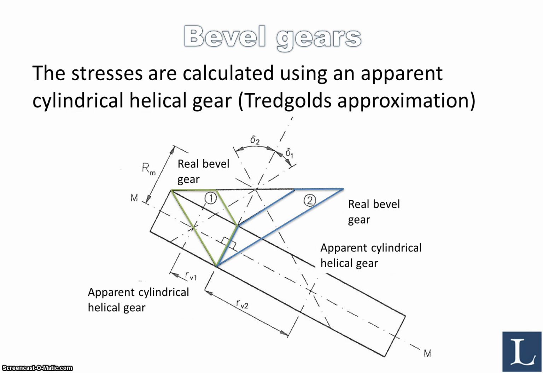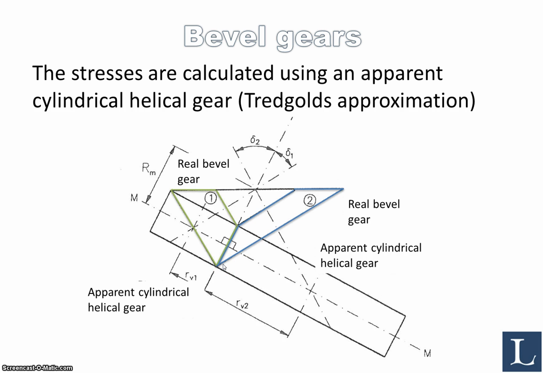Now the stresses in a bevel gear are calculated using what is known as an apparent cylindrical helical gear. This way of doing it is called Tredgold's approximation, and the figure is trying to show this more clearly. You have a real bevel gear, the green one right here, and you have another real bevel gear, the blue one.